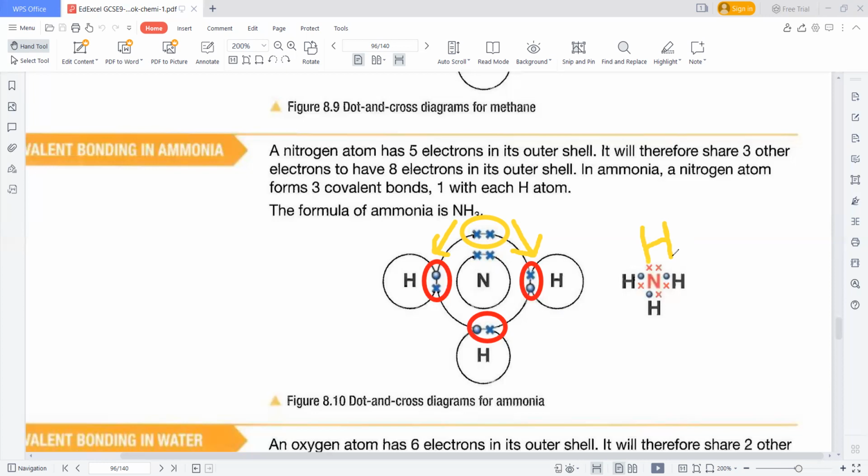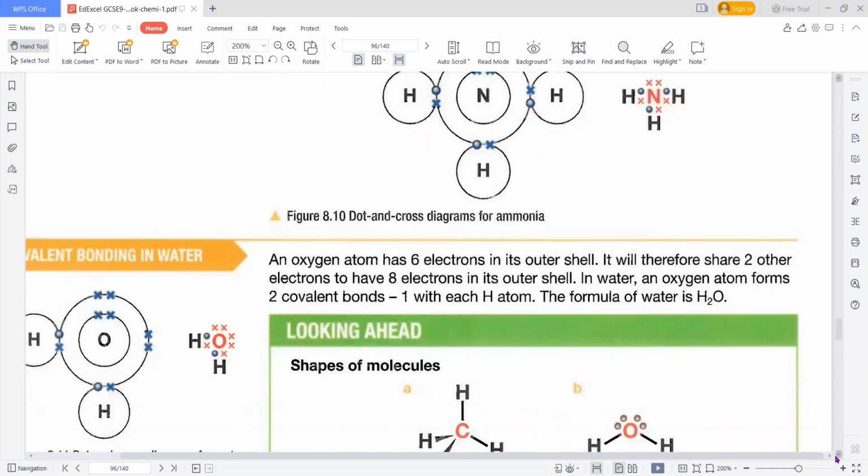So when both the non-bonding electrons are shared by one common element, this is called coordinate covalent bonding. Why? Because the electrons are shared by one element to attain stability on both sides. So again, I'm repeating, nitrogen is sharing both of its lone pair electrons to create the bonding.